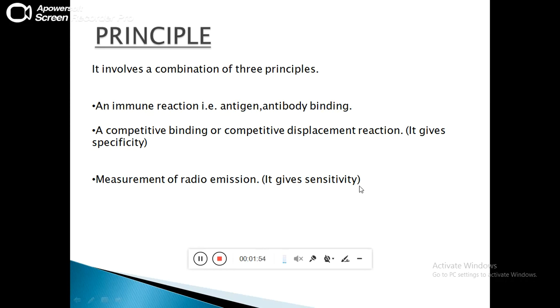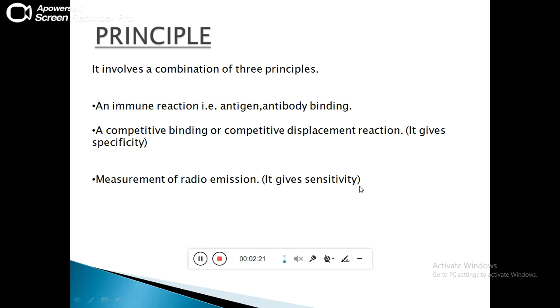Suppose the concentration of an unlabeled antigen in the sample is higher, so there would be more chances of a displacement of the labeled antigen from the site where it gets attached to the antibody and set free into the supernatant, while the unlabeled antigen goes and binds to that antibody. Now the site of an antigen that binds to an antibody is referred to as the epitope.